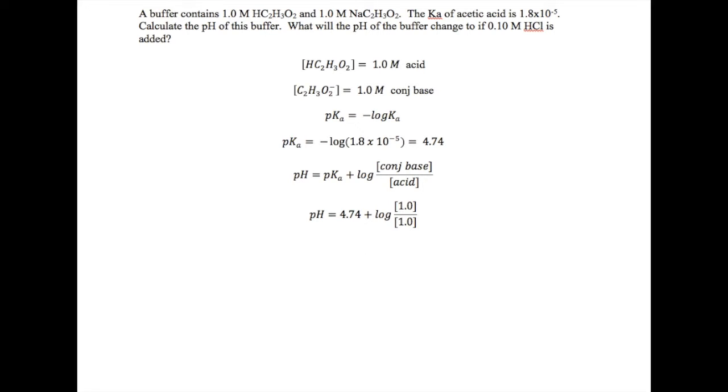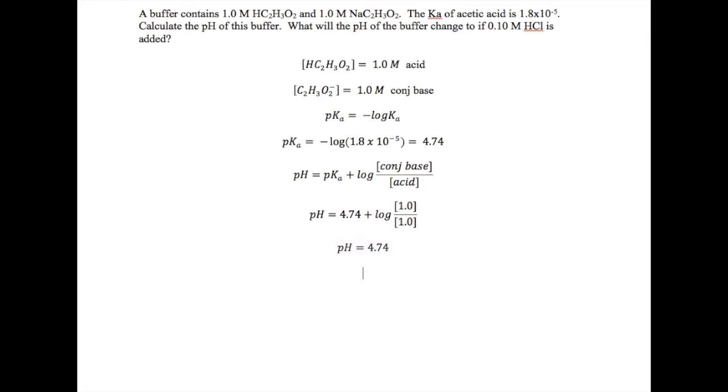Clearly, the log of 1 divided by 1 is just the log of 1. And if you can remember your math, the log of 1 is 0. If you didn't remember that, you could actually just put it into your calculator and you would get a value of 0. Therefore, when you add 4.74 to 0, you clearly get 4.74. So the pH of this buffer solution is 4.74.